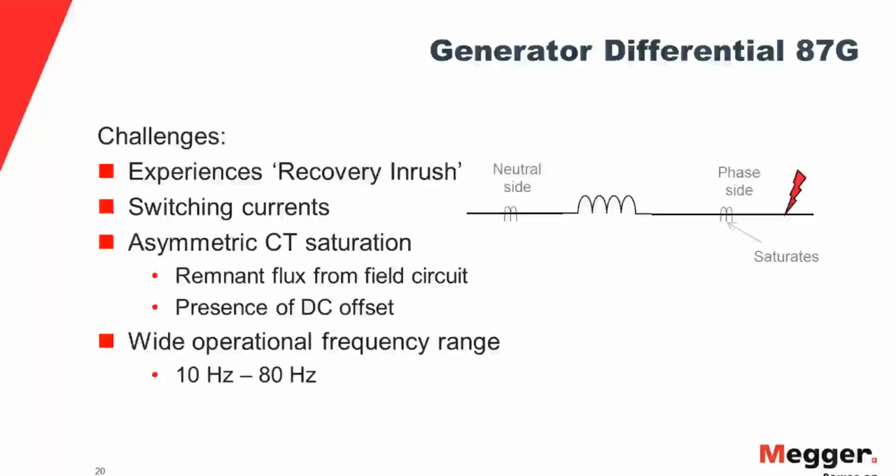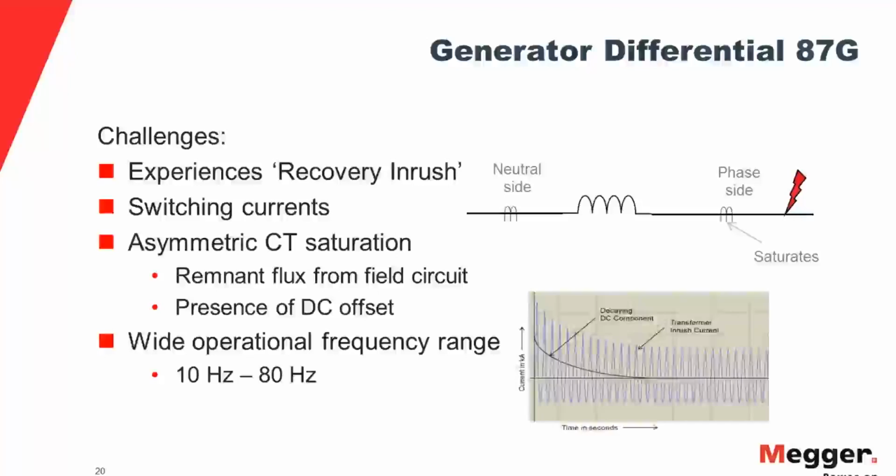If there is no fault in the system, but you're trying to charge your transformer, it usually takes the magnetizing current through it. And the magnetizing current is of a very high magnitude, and we're going to talk about that in the next few slides. Those kinds of magnetizing currents, which are typically called the magnetizing inrush or switching currents, are fed by the generators which are connected to the system.